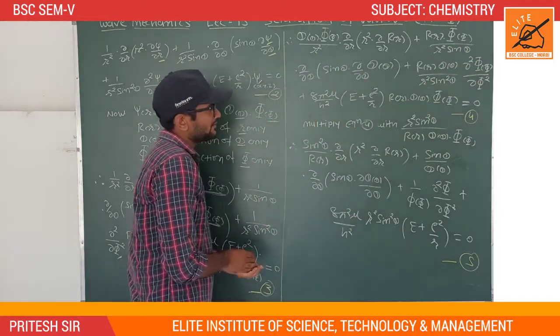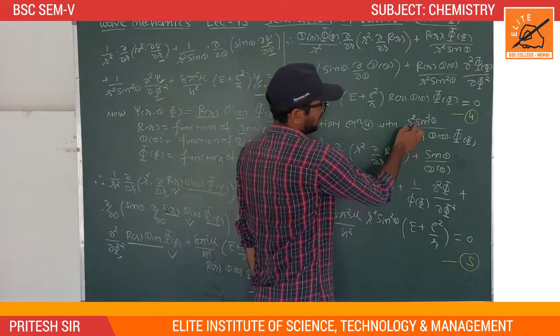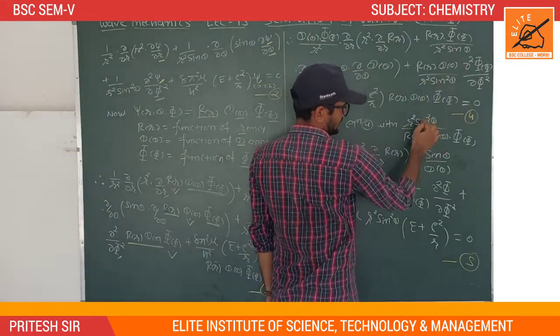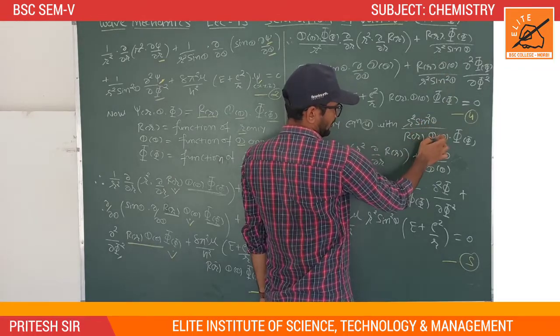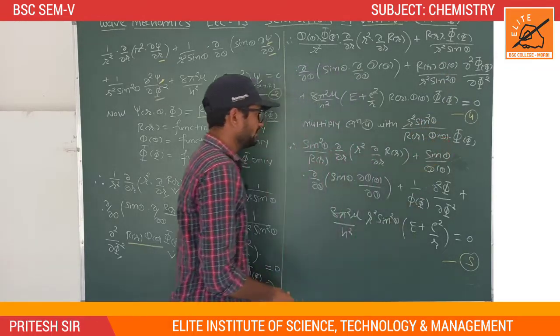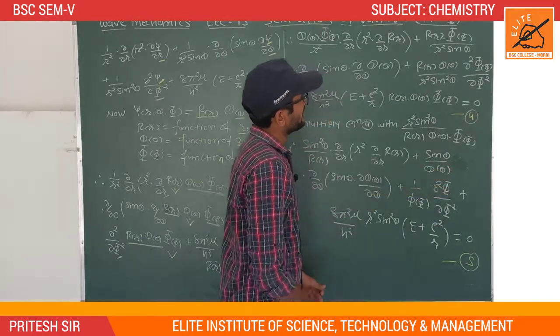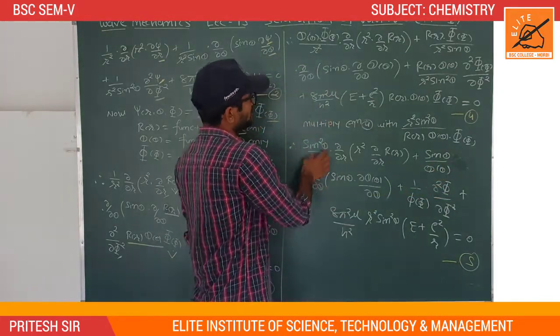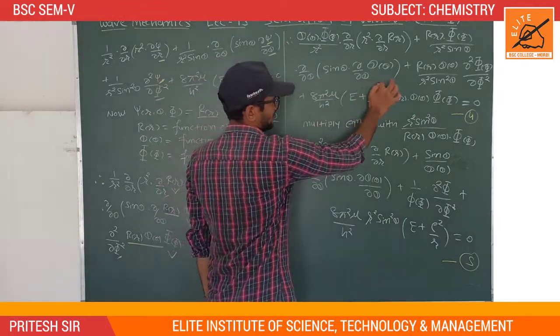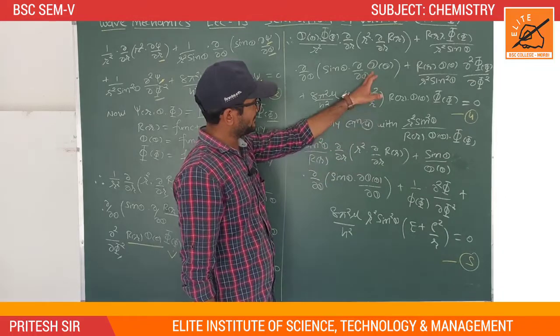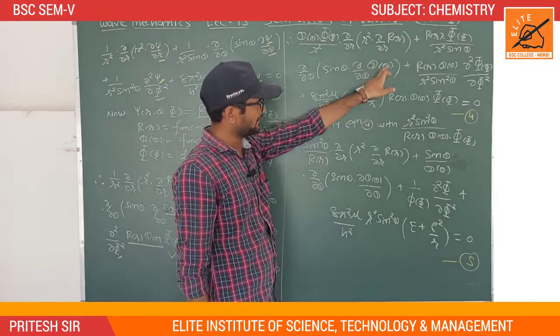Okay, so the remaining term: here r square cancels, one sin theta cancels. So the remaining term is sin theta upon theta of theta. Okay, sin theta upon theta of theta into the bracket, this term remains as it is: theta of theta sin theta del by del theta, theta of theta.